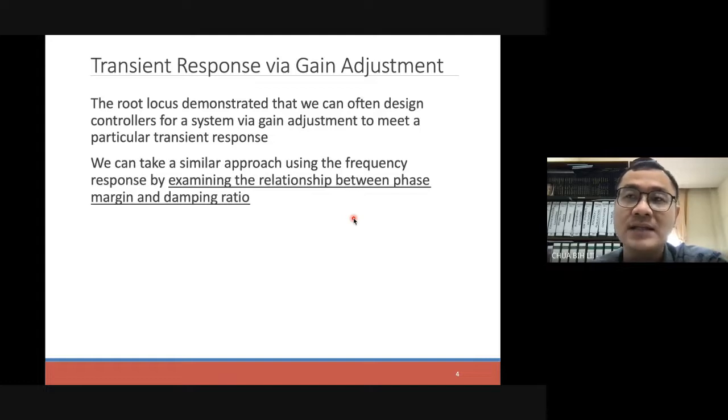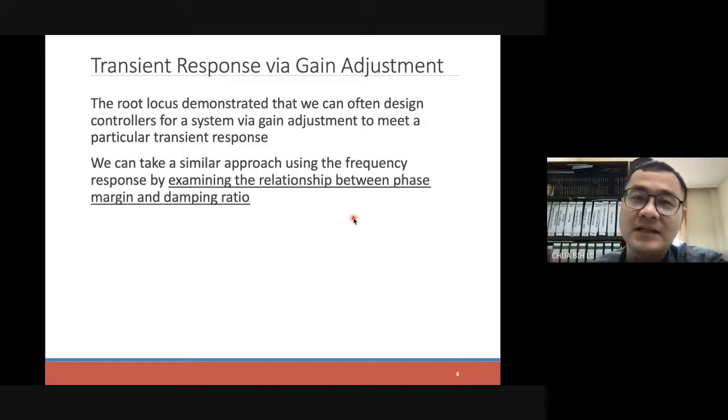So all these items again are somehow related to the damping ratio or the natural frequency omega n. So when you can see from the design requirement, now you translate it into the control parameters, the damping ratio and the natural frequency.